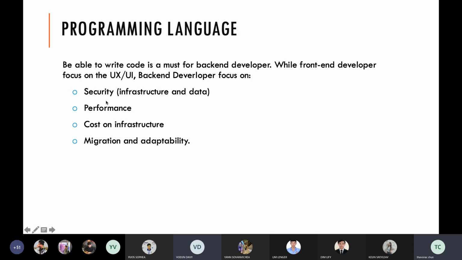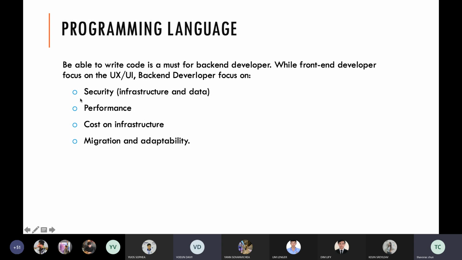Backend developer, we use our own server, we use our infrastructure to deploy the code. So if you write something which require a lot of resource, maybe you need to increase your server capacity and it costs a lot, right? So you need to be careful with the performance. What kind of program that you should write? Avoid unlimited loop. Avoid reading and writing data too much into the file system.